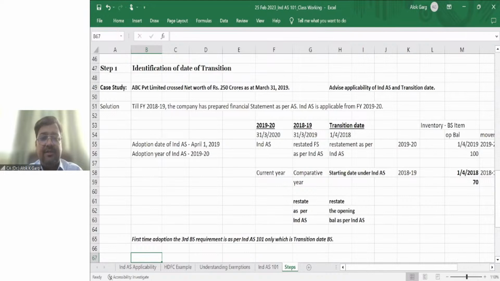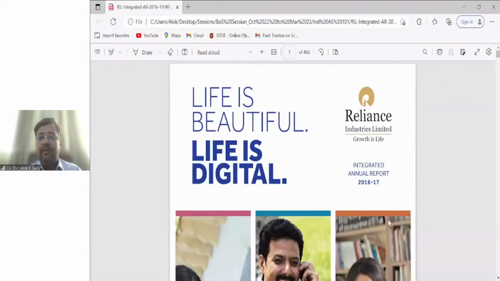transition date balance sheet. Let me show you the Reliance Industries financial statement. Please let me know if it is visible. I hope the Reliance Industries annual report is visible.